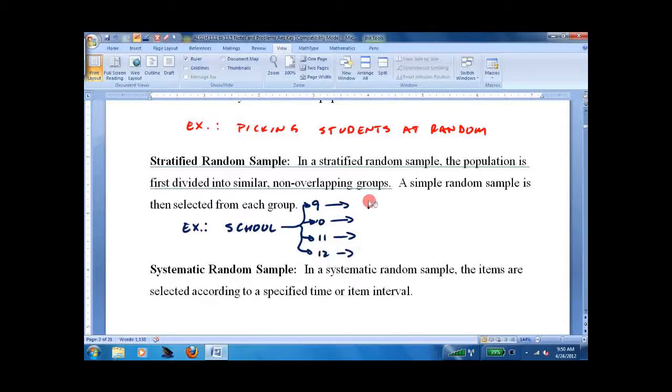You just pick 5, pick 5, pick 5. It's like a simple random sample, except you use the structure of the school that there are 4 classes to make sure that you get some from each class. If you're asking about parking issues and all you had were freshmen, it would be pointless. If you're asking about lunch and none of the seniors ate lunch in the cafeteria, it would be pointless. So you have things like that.